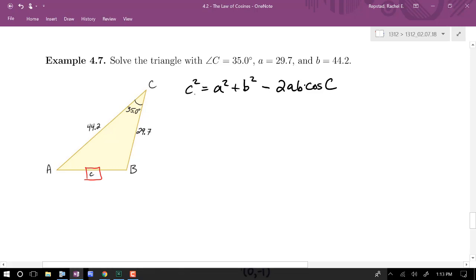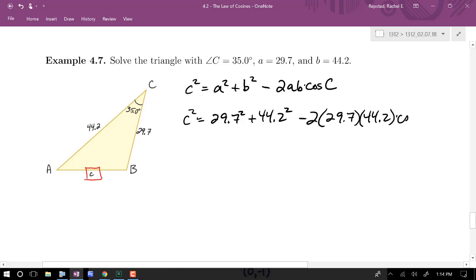The stuff on the right side of the equation is all stuff that we know, that's all stuff we're given. So c squared is 29.7 squared plus 44.2 squared minus 2 times 29.7 times 44.2 times cosine of 35 degrees.